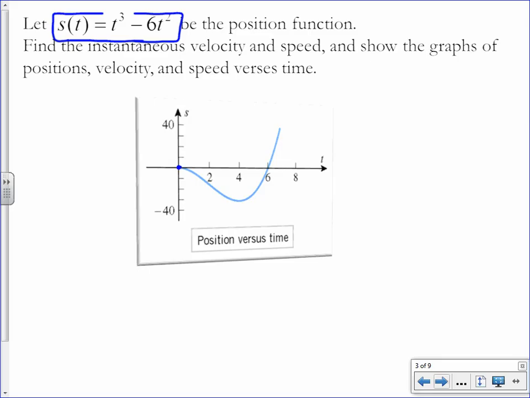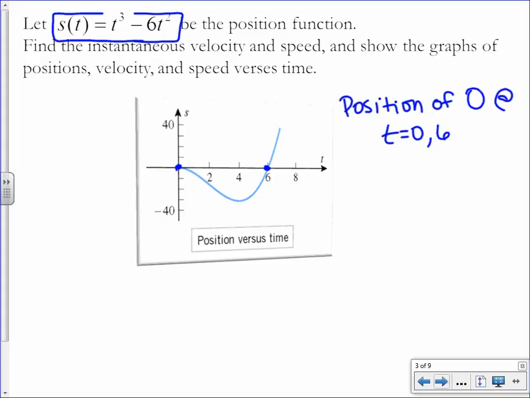What do these coordinates mean about the position? We have position 0 at t equals 0 and t equals 6. Also, notice we're always going to start at time equals 0.